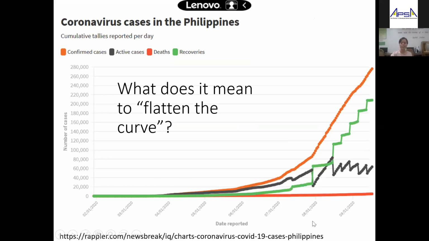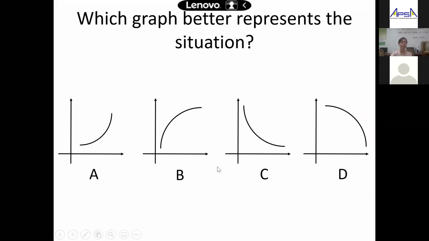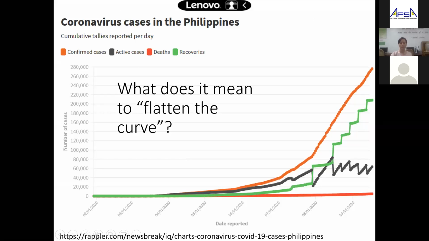This is the latest data until September 17. So it looks like graph A. Sadly, it is still going upward. But if you remember, a few days ago, there was a portion where the increase was only about 1,000. So there, we slowed down the gain. Unfortunately, we weren't able to maintain it.